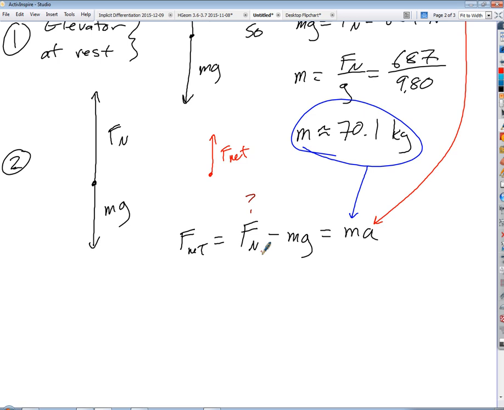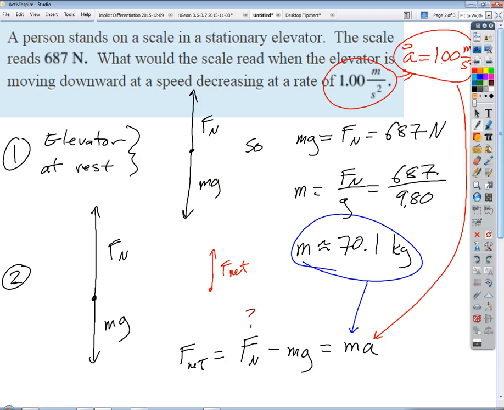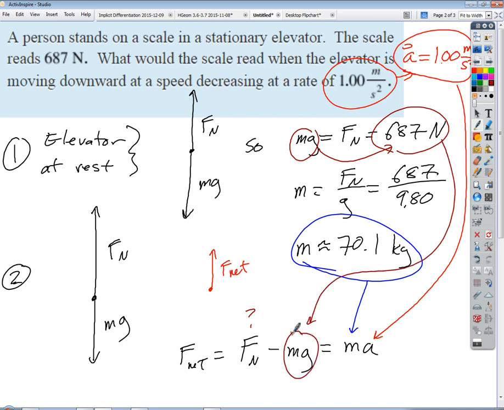I could multiply 70.1 kilograms times 9.80, but we know that just represents weight, doesn't it? We already found weight in part one. In part one, we found that mg is equal to 687 newtons, right? So I can just treat that mg as that amount right there, right? Everybody see that? And so I can plug everything in except the one thing that I'm trying to find, which is normal force. Isn't that what I'm trying to find? Because it's asking about what the scale would read. Well, the scale is what's pushing me upward, right?